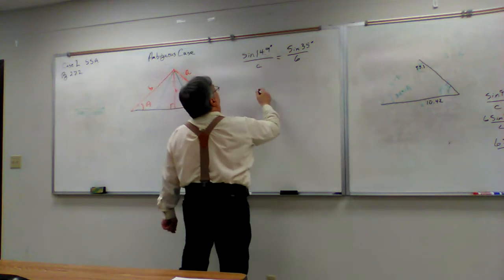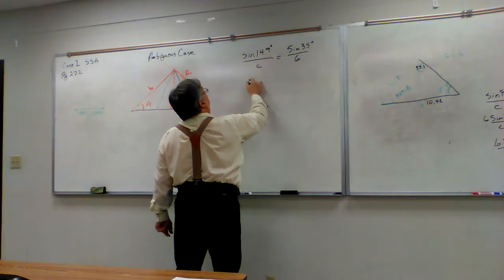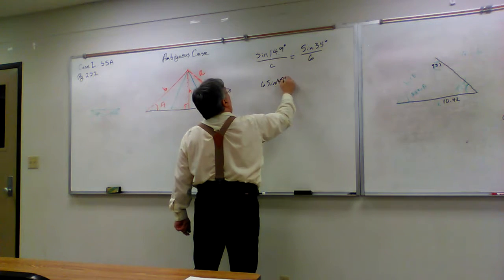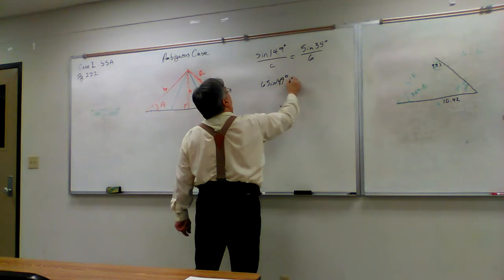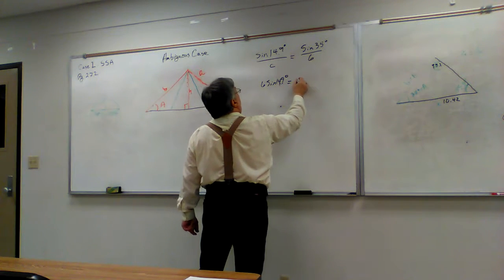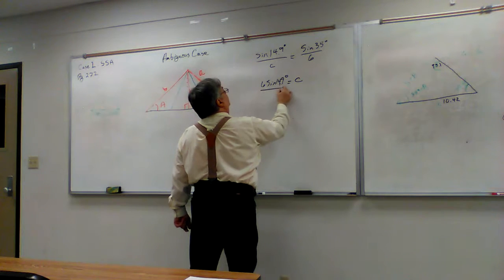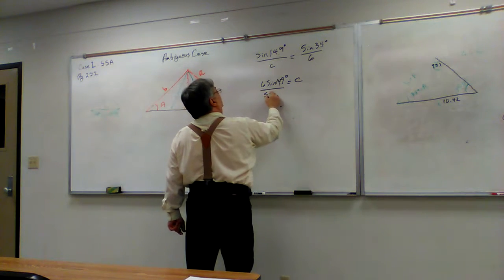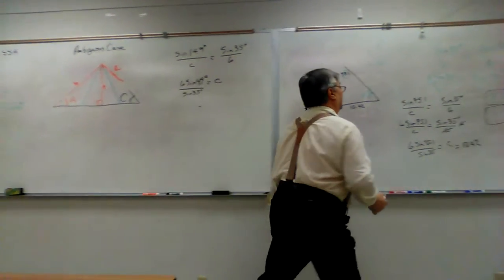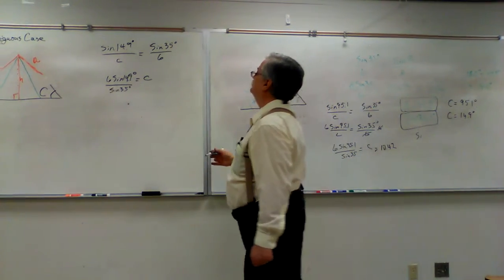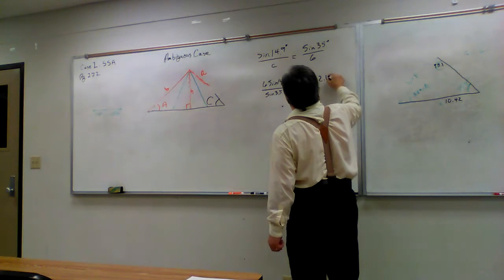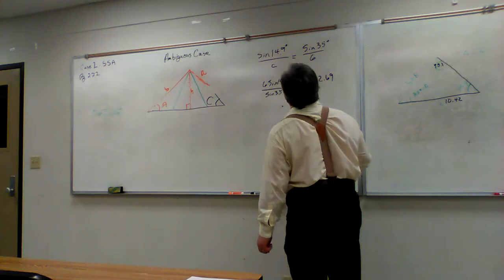So multiply both sides by C and both sides by 6, and divide both sides by sine 35. And what do we get? 2.69.